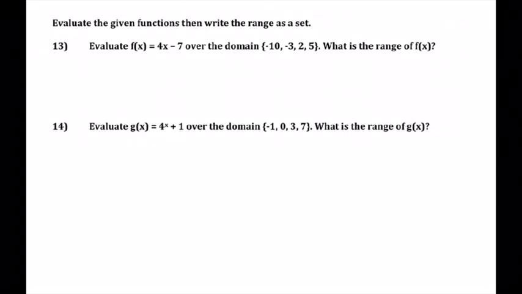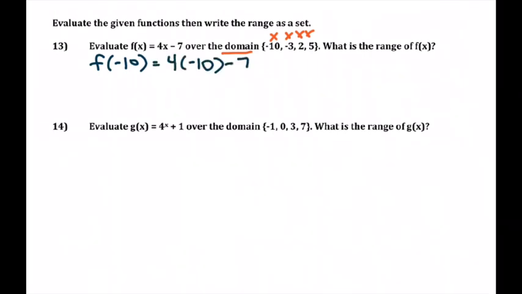For number 13, it says to evaluate f of x equals 4x minus 7. And so what that means is y equals 4x minus 7. And over the domain, that means that these are all x's. So one at a time, we're going to let each of those be an x. So first, f of negative 10. And that means 4 times negative 10 minus 7, and then f of negative 3, which means 4 times negative 3 minus 7.